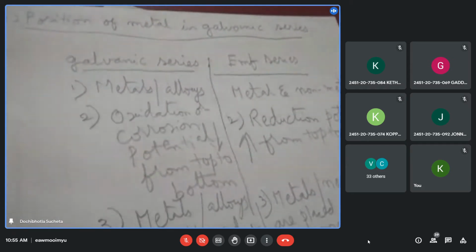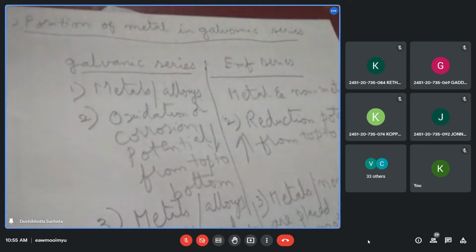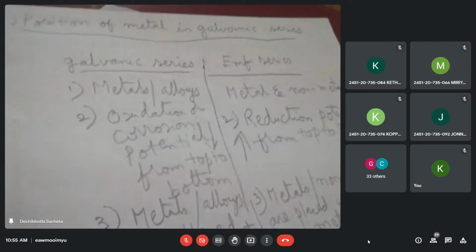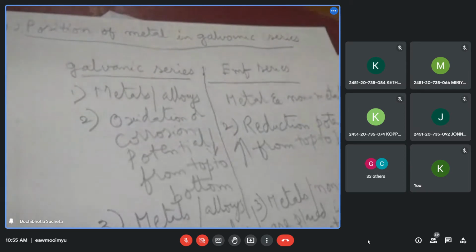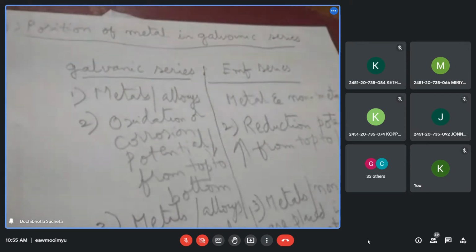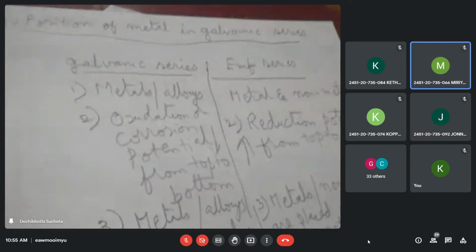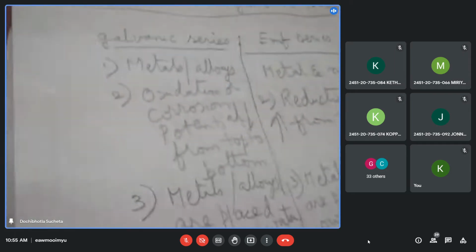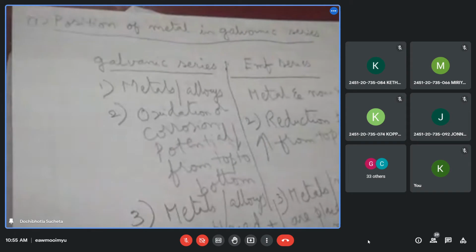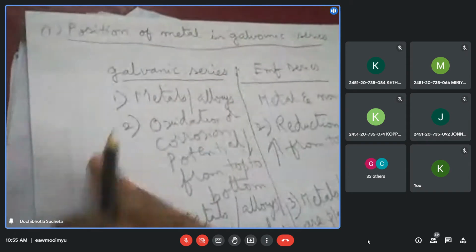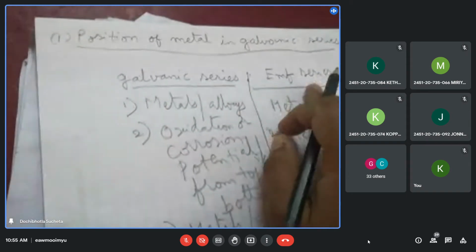Which will act as anode? Zinc, ma'am. Why? Less SRP value. This is about the position of the metal in the galvanic series.